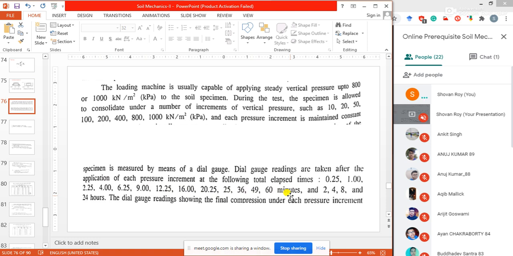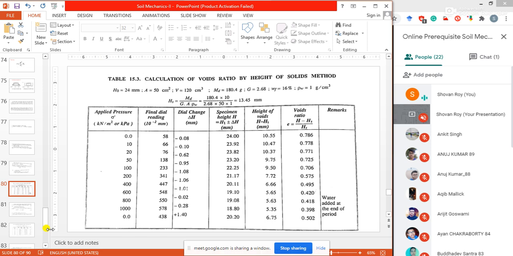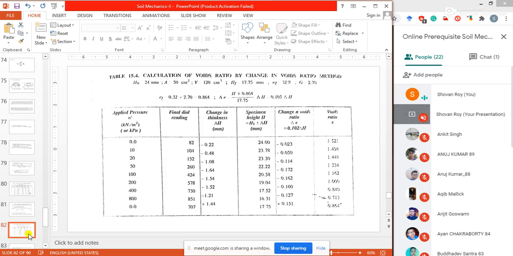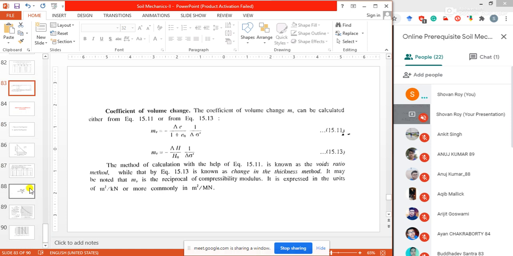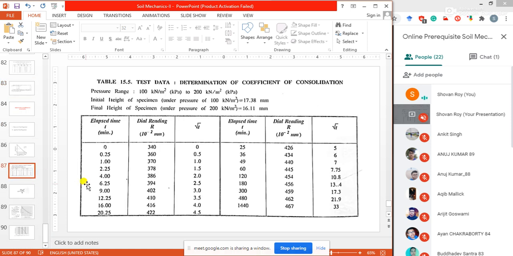These are the values of elapsed time, and these values are maintained in our laboratory test.